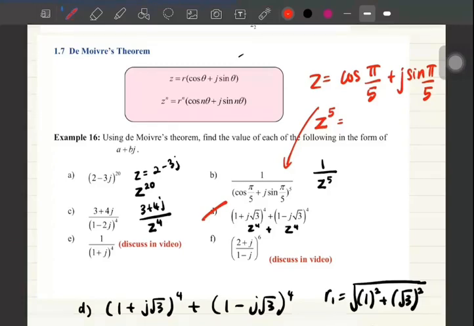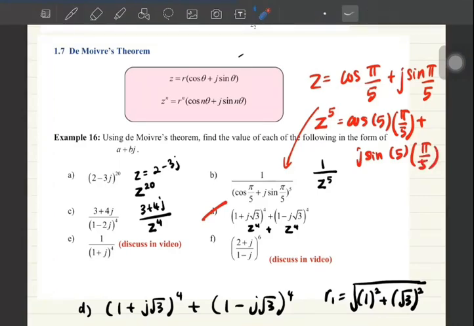So therefore 1 kuasa 5 akan dapat 1 lah juga. So cos, so n is equals to 5. So darabkan dengan pi per 5 and same goes for another one. Sin 5 darabkan dengan pi per 5. So dapat jawapan tu nanti substitute back into here. Tengok you perlu buat apa-apa ke tak.